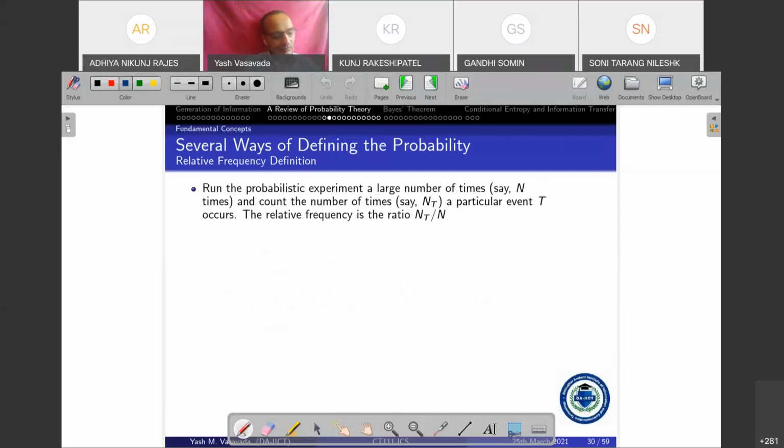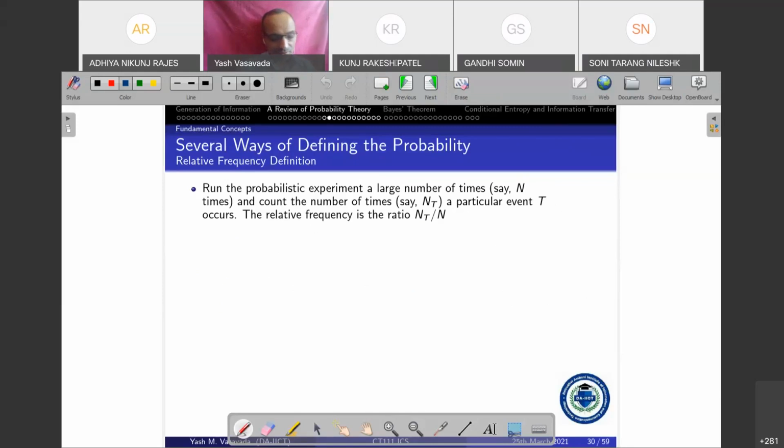So then the mathematicians said, well, okay, we'll forget about that definition. We'll come up with a new definition, which is called the relative frequency definition. What this definition says is that you run the probabilistic experiment a large number of times, let us say n times, and you count the number of times that a particular event happens.